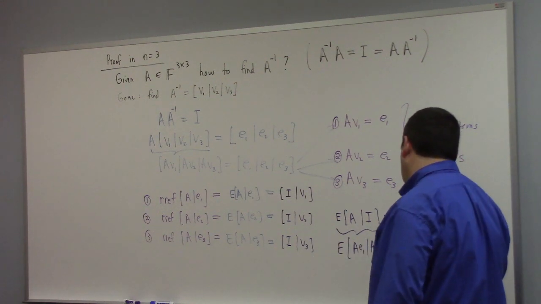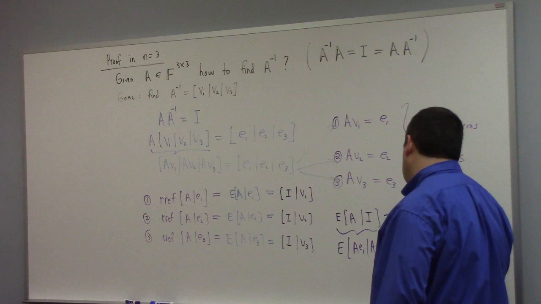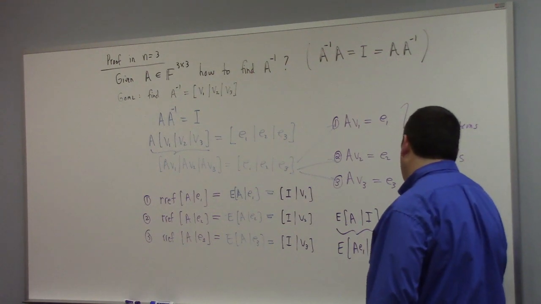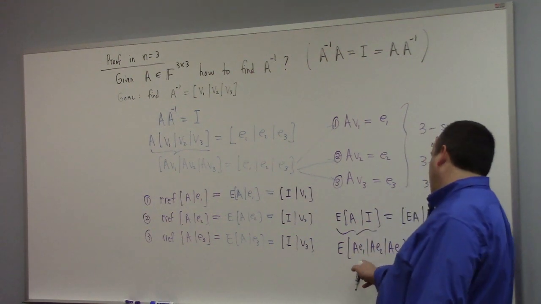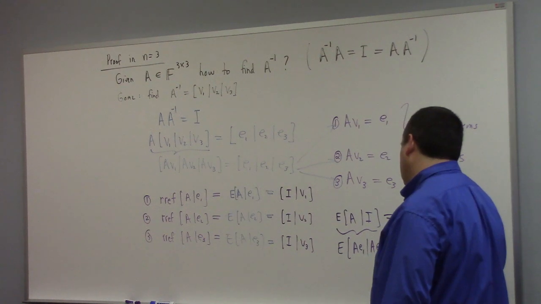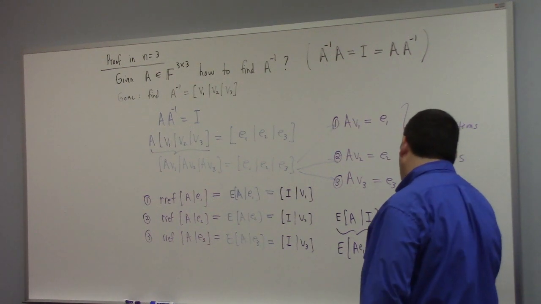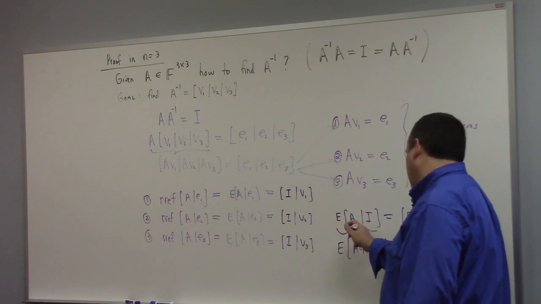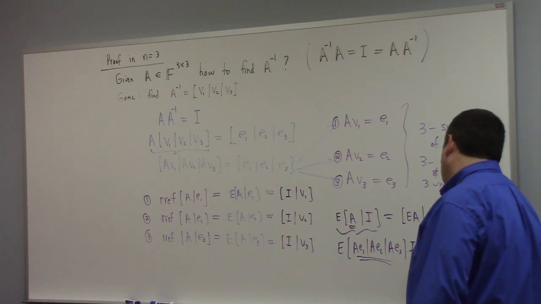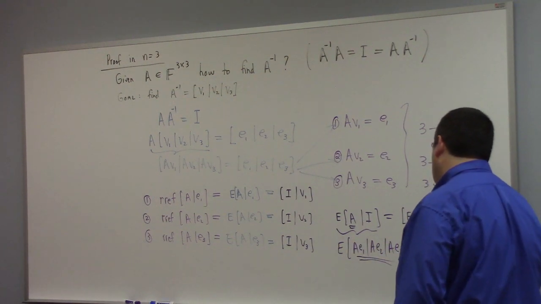Oh, my bad. I'm sorry. That's column 1 of A, column 2 of A, column 3 of A. I'm just expressing A as these, and then I move the E in, and that gives me EA, EA, EA.